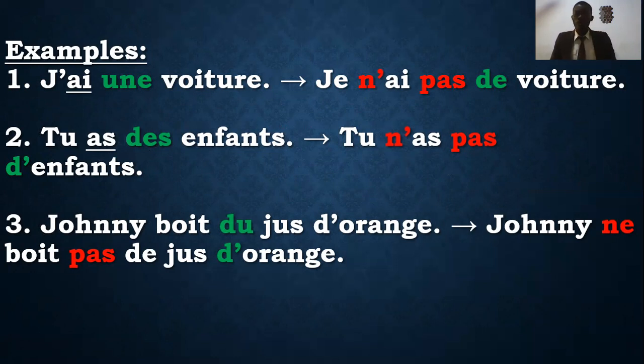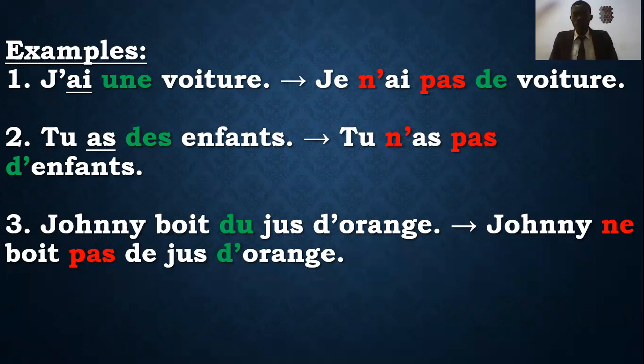And the underlined word is the verb. On your own, you will have to identify the verb in the first place. But here, I have underlined the verbs for you. J'ai is the verb, A-I. So A is a French vowel. So you have to use n apostrophe. Je n'ai pas de voiture.